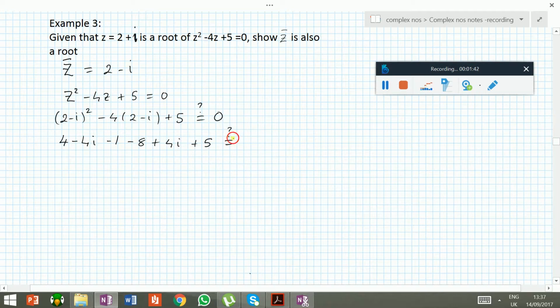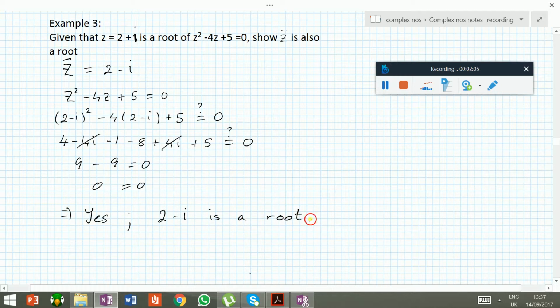Now we can figure out, does that equal 0? These two cancel. And you have 4 and 5 is a 9. Minus 1 and 8 is minus 9, equals 0. So we have 0 equals 0. So that implies, yes, 2 minus i is a root. And that's that finished.